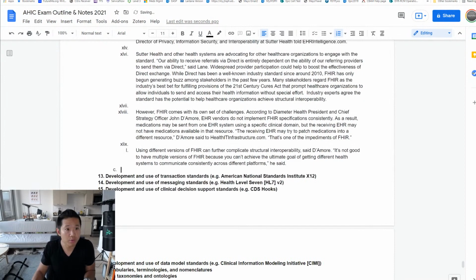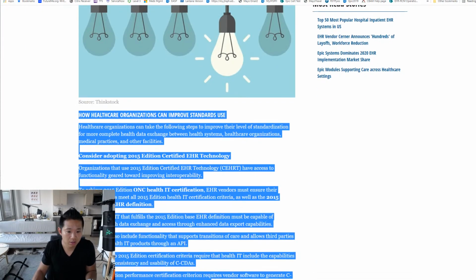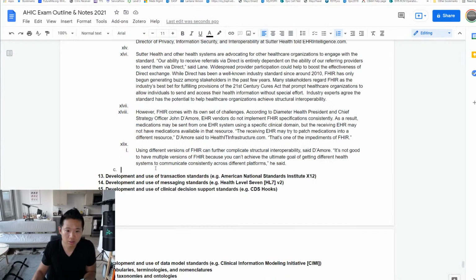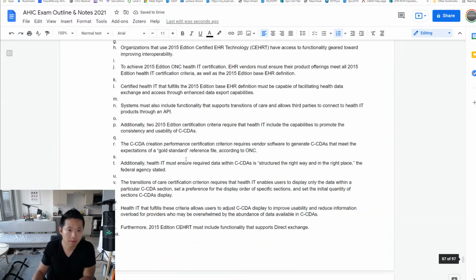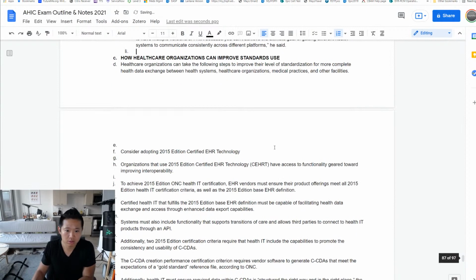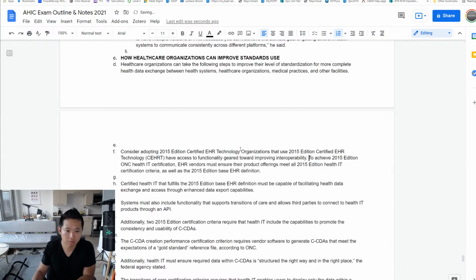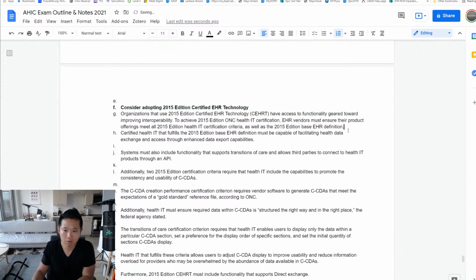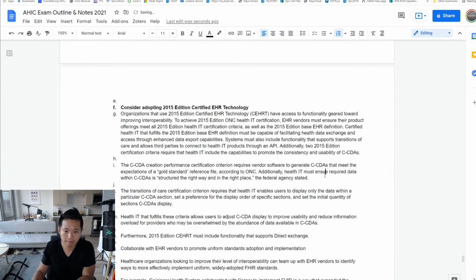So we got that. One more section to go. Close out of this, and then we should go. This could be the last section. Okay, healthcare use. Oops.